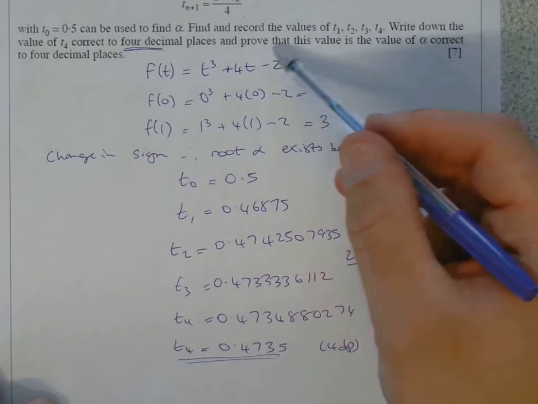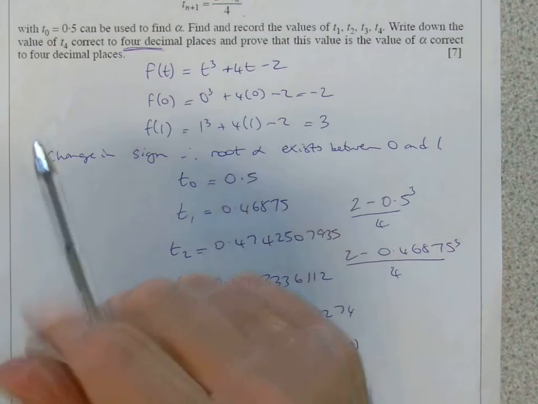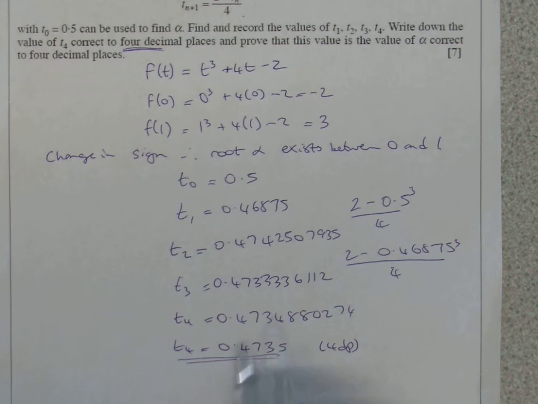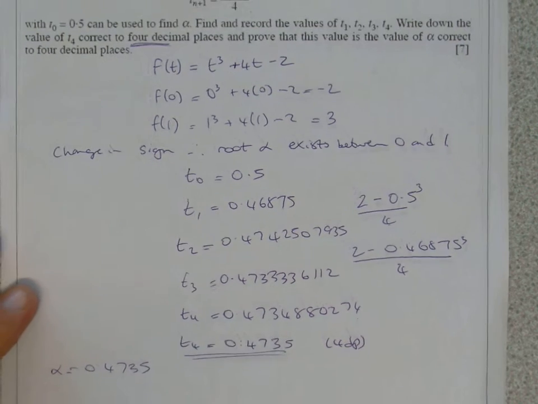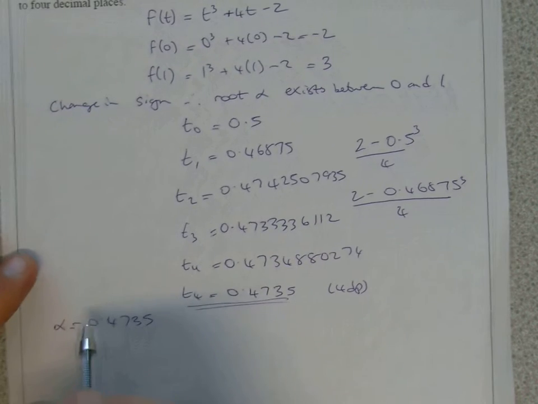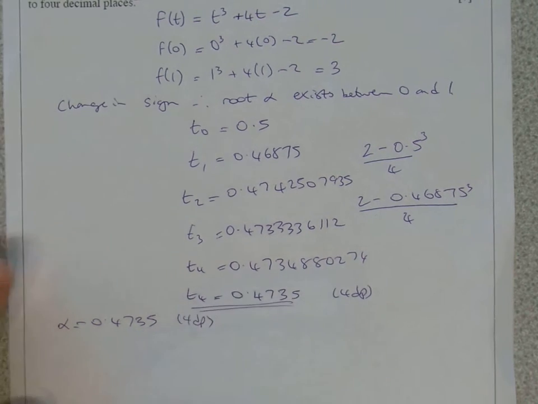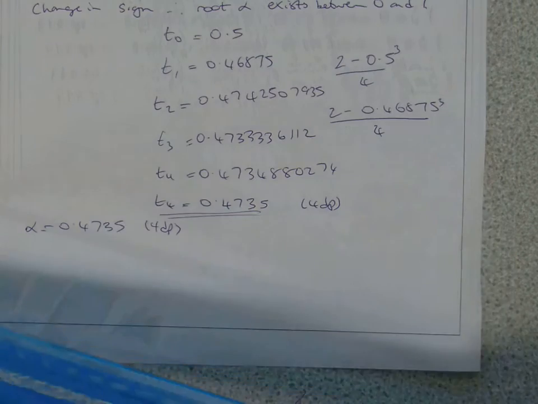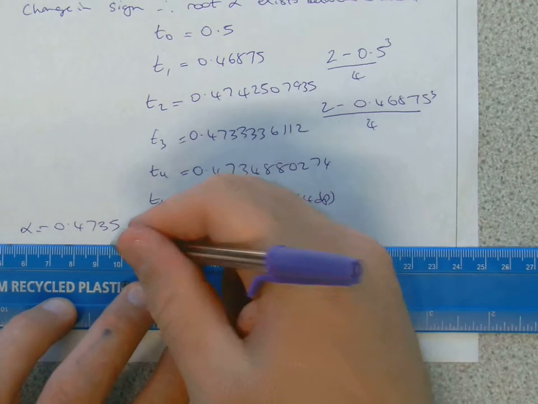Then it says, prove that this value is the value of alpha correct to 4 decimal places. In other words, prove that actually alpha is equal to 0.4735. Show that this is the actual answer for alpha when it's rounded to 4 decimal places. To prove that, you just do a little number line work. It takes a little bit of effort.